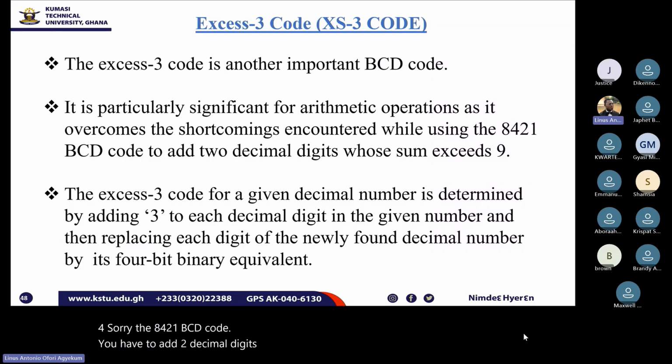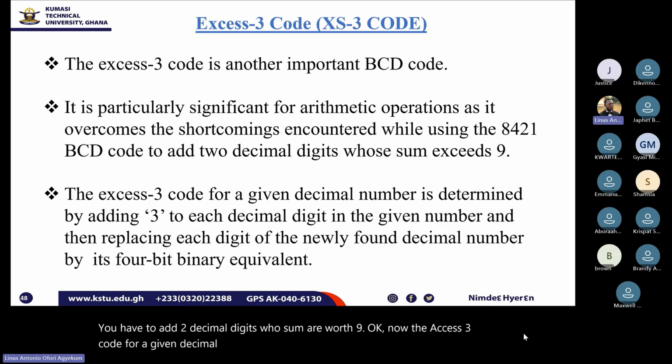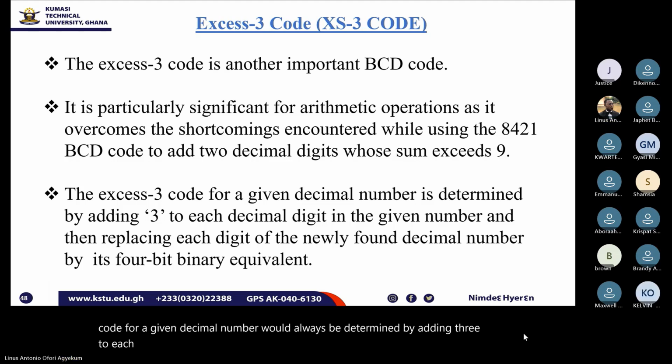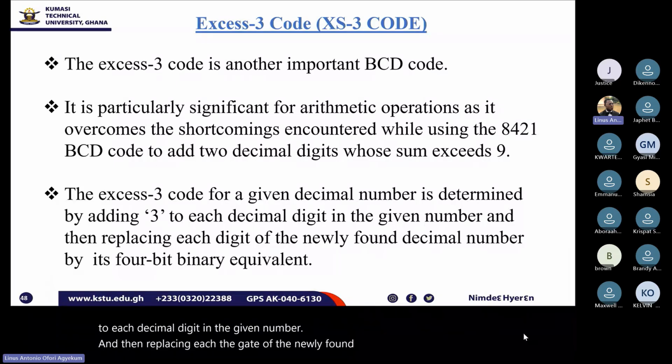Now, the XS3 code for a given decimal number would always be determined by adding 3 to each decimal digit in the given number, and then replacing each digit of the newly found decimal number by its 4-bit binary equivalent.